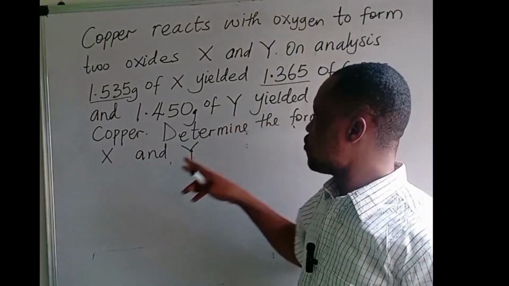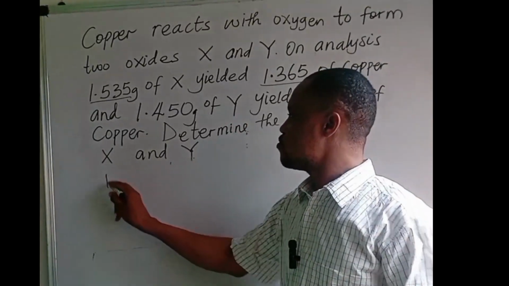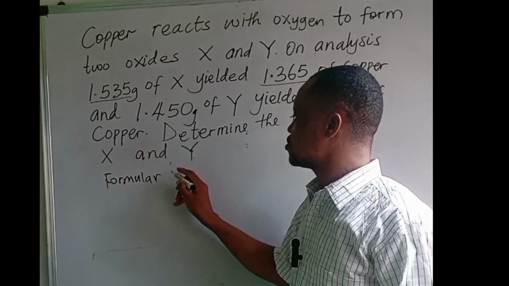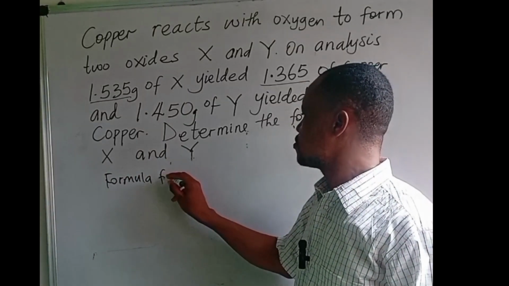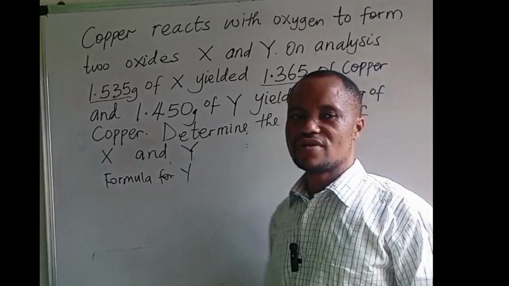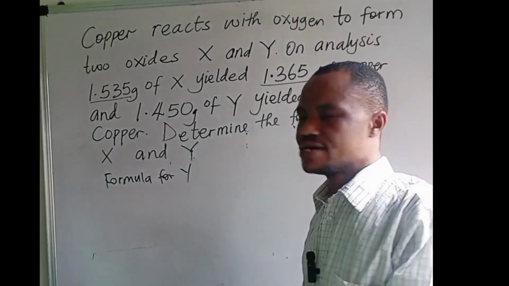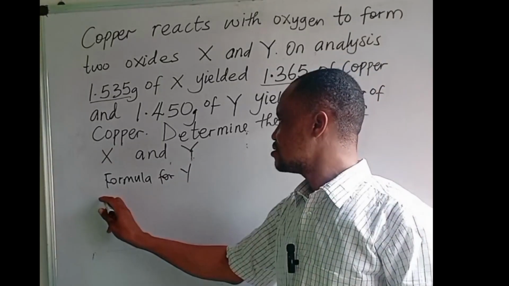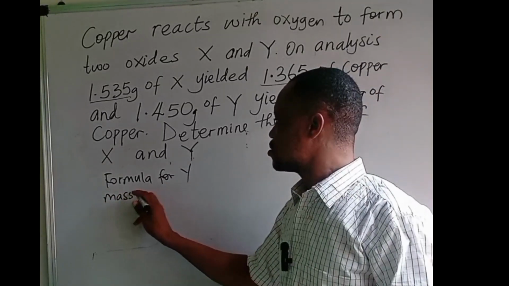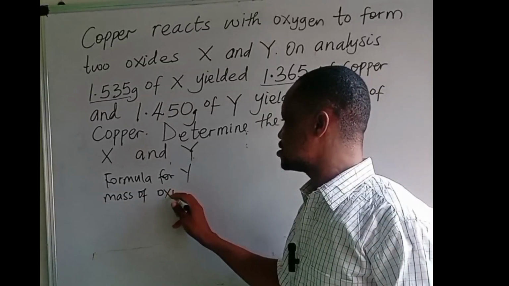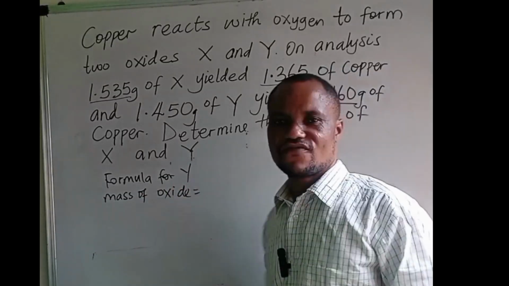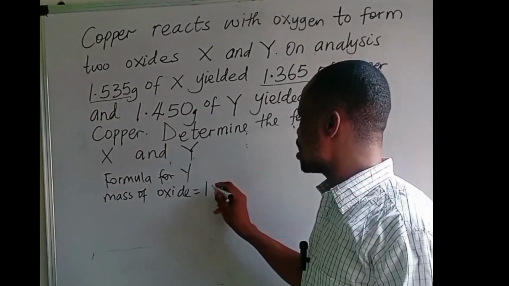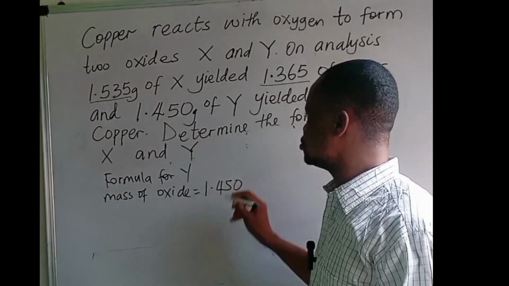The formula for Y. We have to follow the same method. Mass of oxide first. The mass of oxide of Y is 1.450.